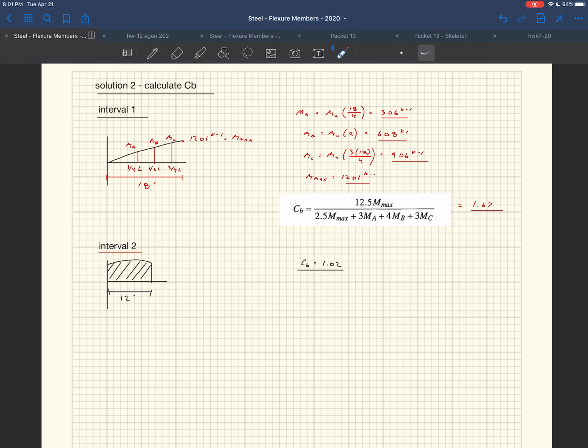Okay, the other thing to note about this is just be careful when you enter it into these equations right here. This one starts out at zero, and then it goes out to 18 feet. When you do these calculations, you do have to take into consideration that moment diagram. The equation starts way over here, right? So your x starts 18 feet over.